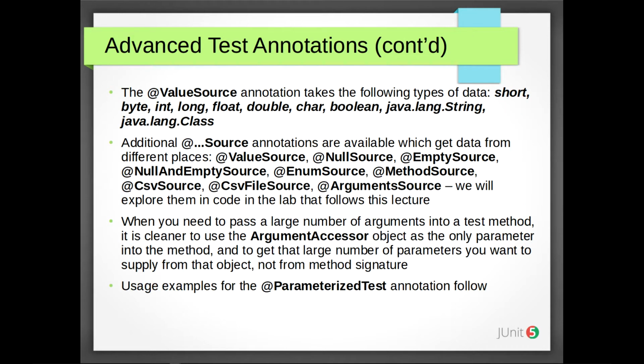The @ValueSource annotation takes the following types of data: short, byte, int, long, float, double, char, boolean, String, Class.